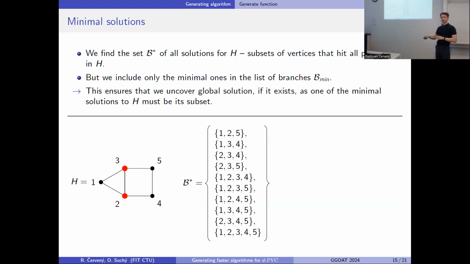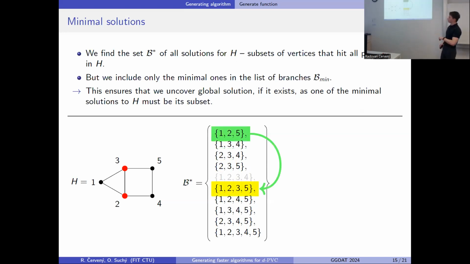Once we enumerate all solutions to this graph, we want to keep only those that are inclusion-wise minimal. Because we go through them one by one, but there will be some subset that already contains some smaller subset, and it does not make sense to keep it as a branch because it is already subsumed by the smaller one. We are making progress towards the same solution if we branch by this branch instead of that one.